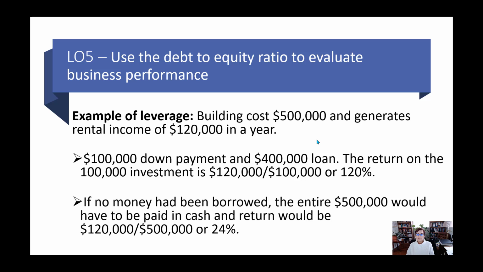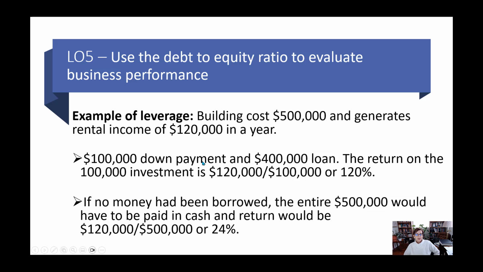Well, the return, we're simplifying this a lot, keep in mind, the return on the $100,000 investment is $120,000 divided by 100,000, or 120%, right? However, we only invested 100,000 and the rest is borrowed. If no money had been borrowed and we paid the whole 500,000 down right away, then the return on that investment is 120,000 divided by 500,000, or only 24%.